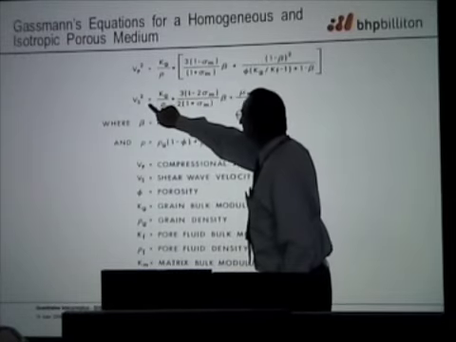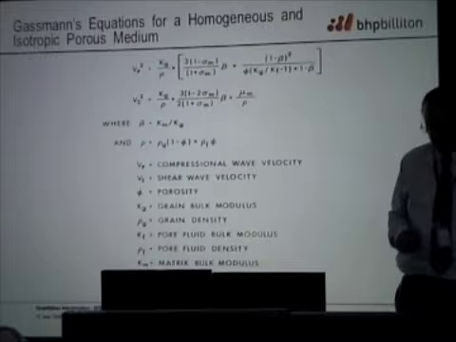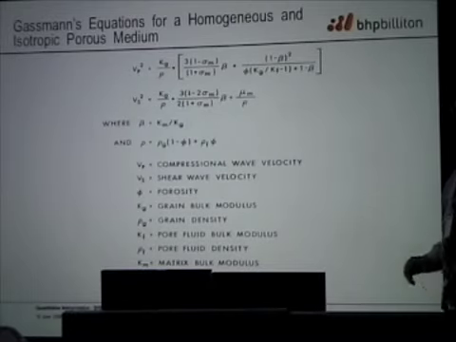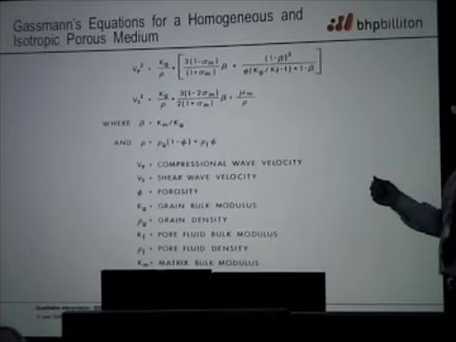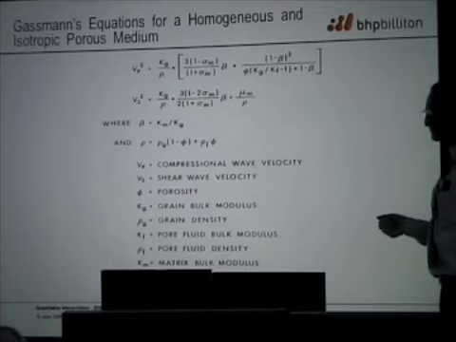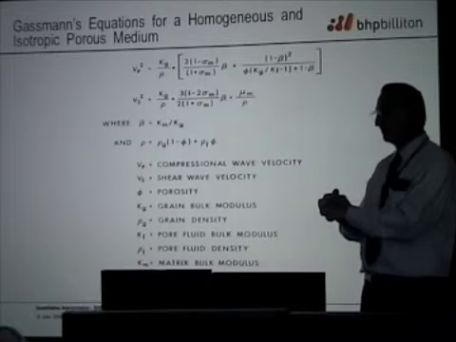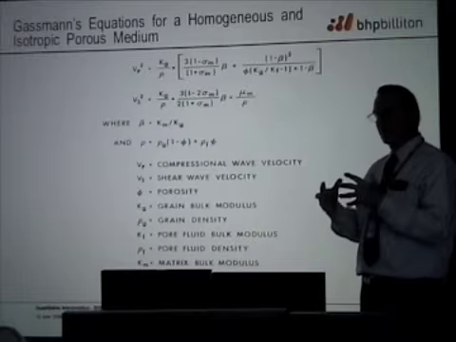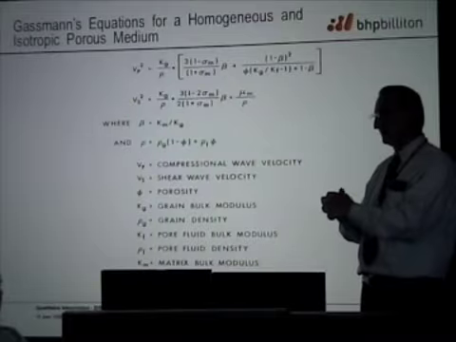Forget all this. E squared equals mu sub m over rho. That's pretty simple. What's going to happen when I put a less dense fluid in for a more dense fluid? Brine is a dense and incompressible fluid. Water is pretty stiff, with a pretty high K for a liquid. But gas or oil is lower density.